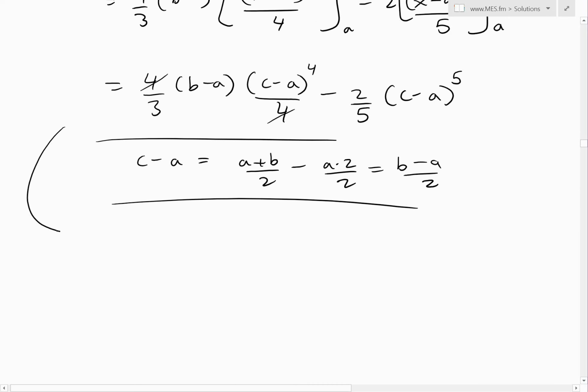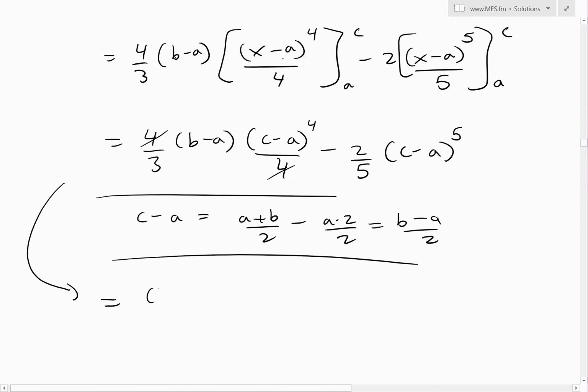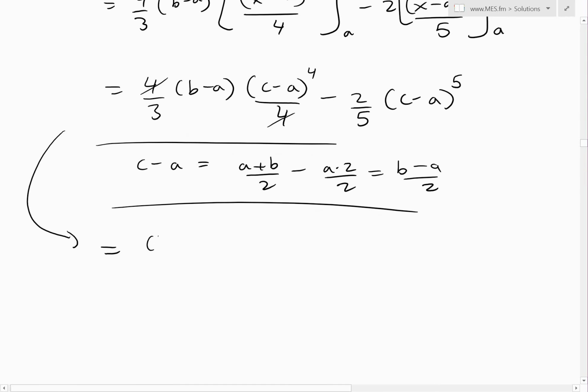So putting this back down, this is to the power of 5. So b minus a, this is going to be like that. So what we have is 1 over 3, times b minus a to the power of 4, and also there's a 2 there, so 2 to the power of 4.